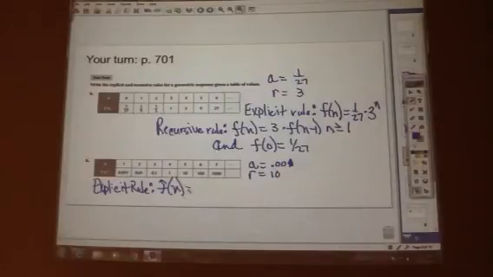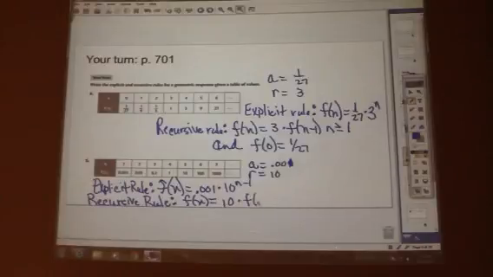F of n equals 0.001 times 10 to the n minus 1. Very good. What about the recursive rule? F of n equals 10 times f of n minus 1.